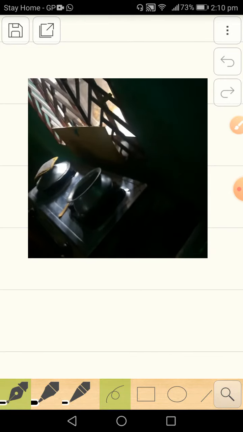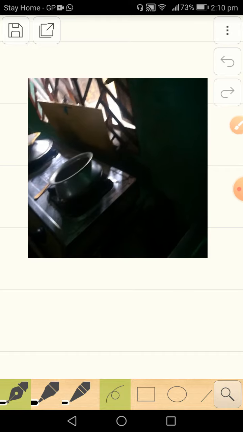So let's see. This is a glass, and I'm taking some water inside it. The glass now has water.